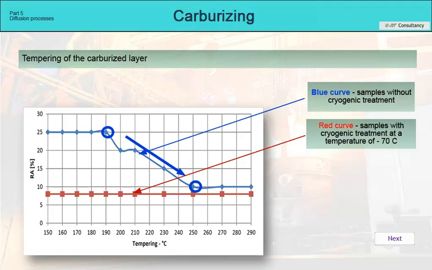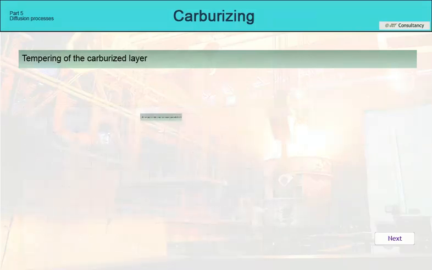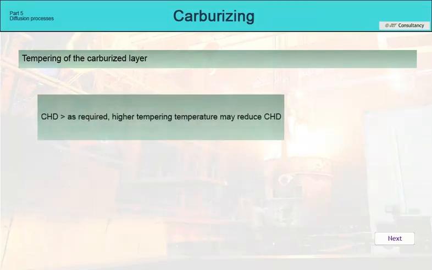What does this mean? The tempering temperature can reduce the diffusion depth by up to 30%, but we must take into account the prescribed surface hardness. So if our CHD is too high, then this is a way to correct the carburizing process if the requested depth was higher than required.